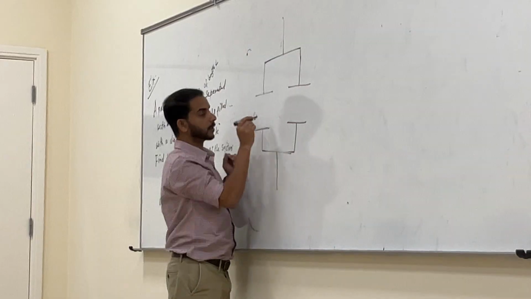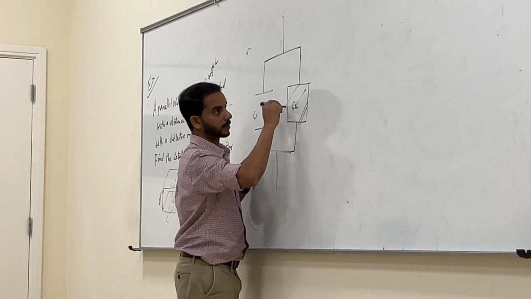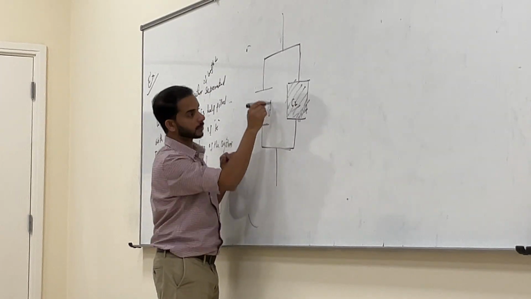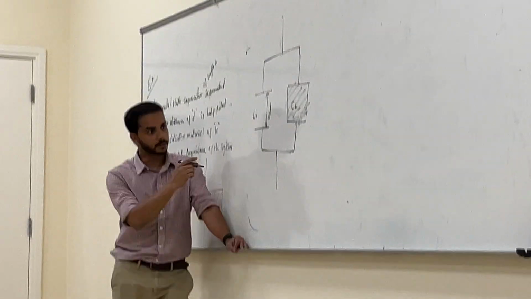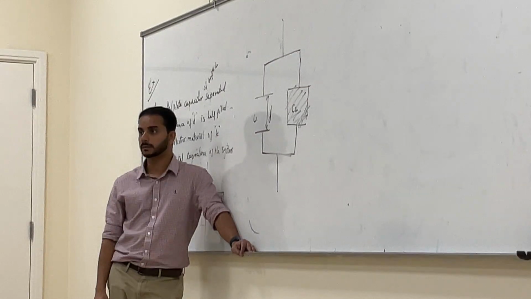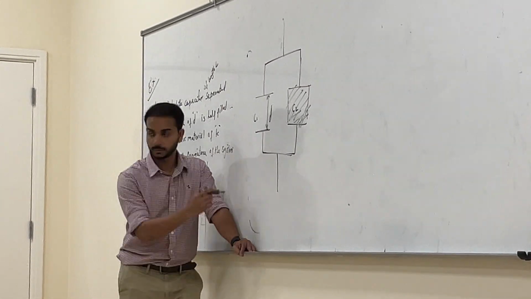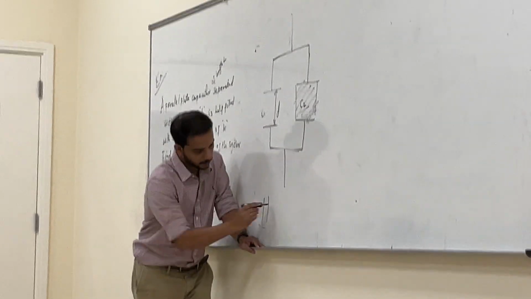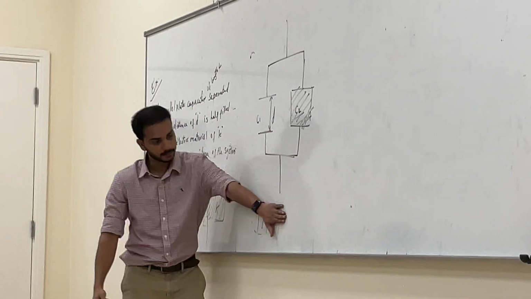Let's say this is C1 and this is C2. C1 is the capacitor which has the dielectric material, and C2 is the capacitor which doesn't have the dielectric material. Now what is this connection called? Is it parallel or series connection? It's a parallel connection. Series is just repeating this way, okay? Just remember that.